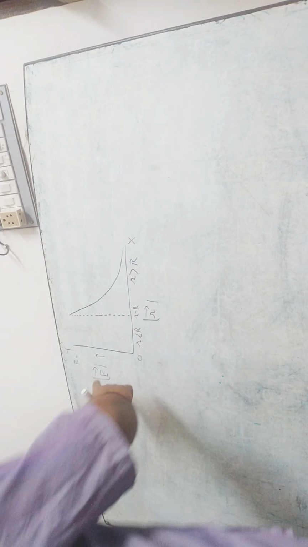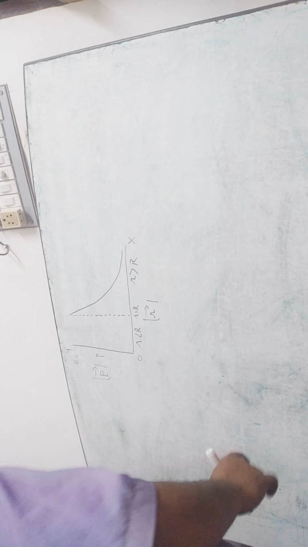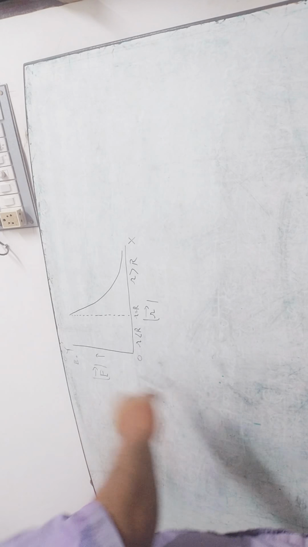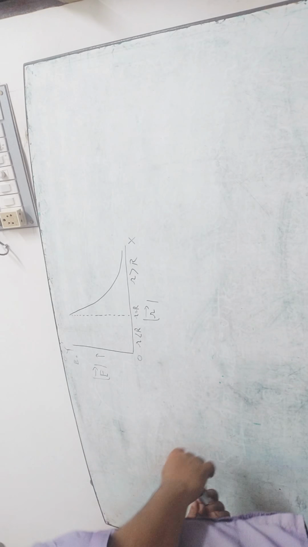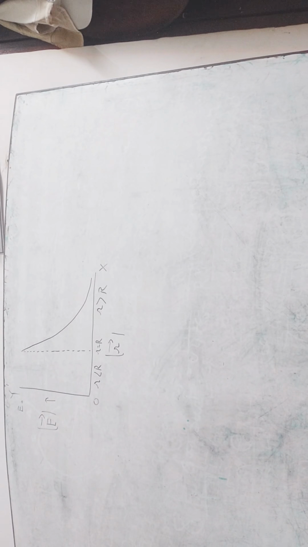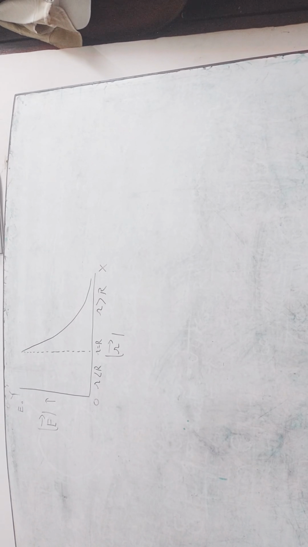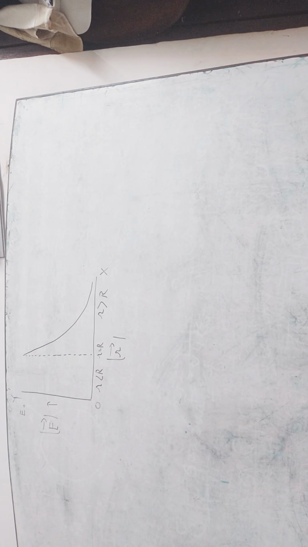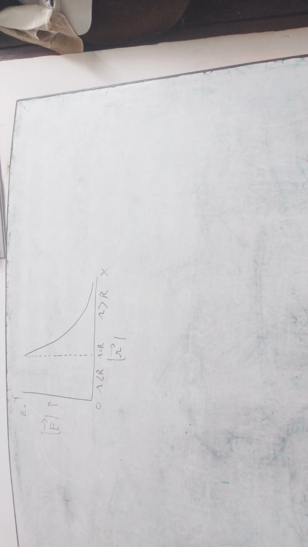This is the graph between electric field and position of the point.